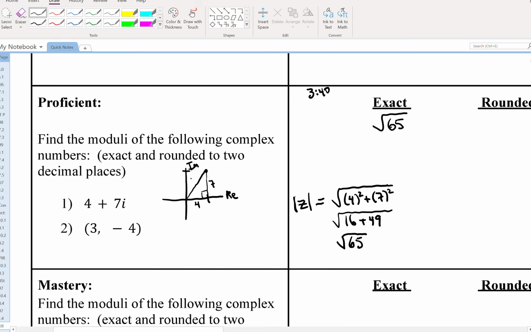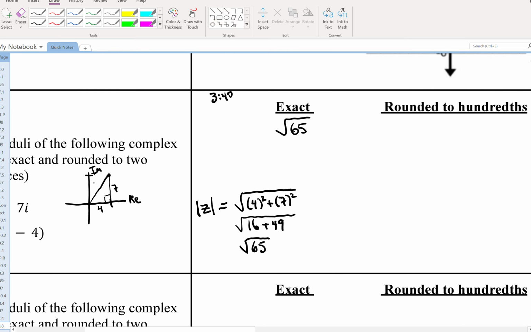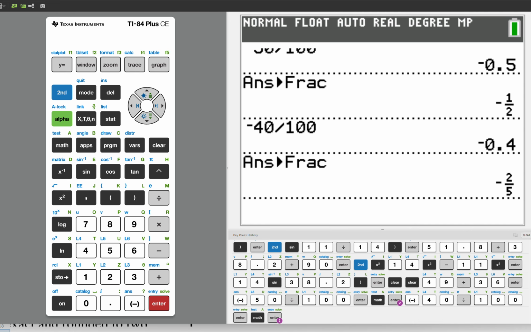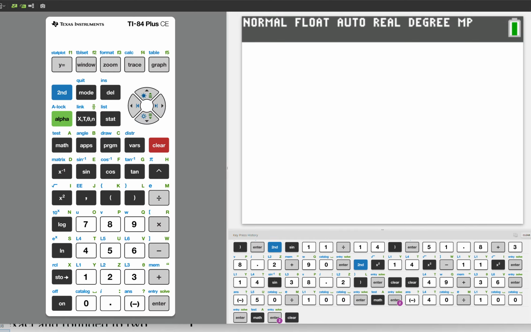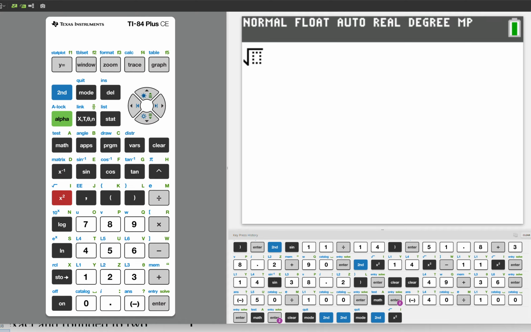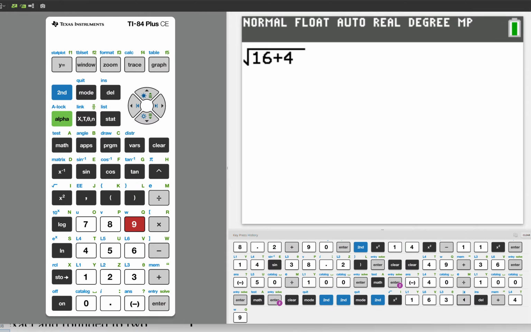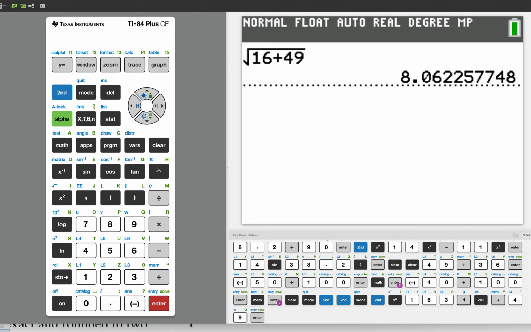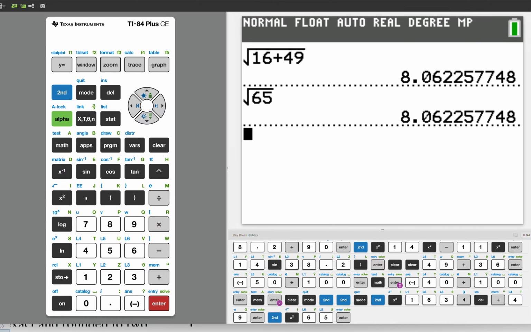But in terms of rounding to the hundredths place, here I would open up my calculator and I would say, the square root of 16 plus 49. Just to check here, the square root of 65, and that's again the same decimal.